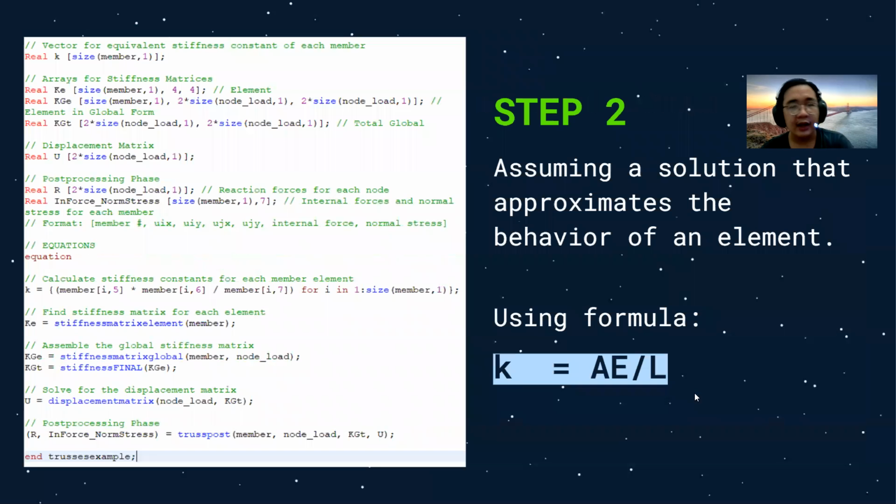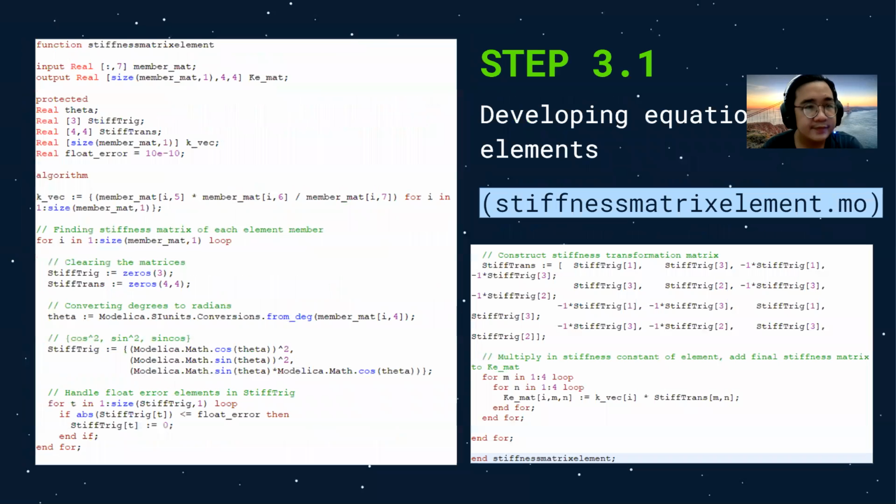Then step 2 is assuming a solution that approximates the behavior of an element by using the formula. Stiffness, also known as K, equals area multiplied by modulus of elasticity and divided by the length. As you can see in this picture, there is a stiffness matrix element.